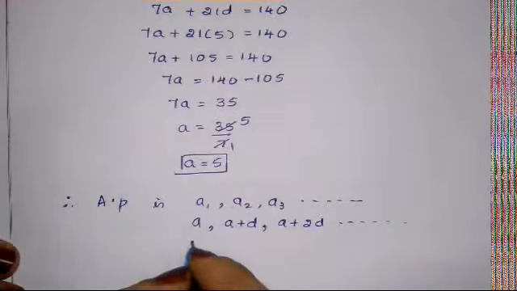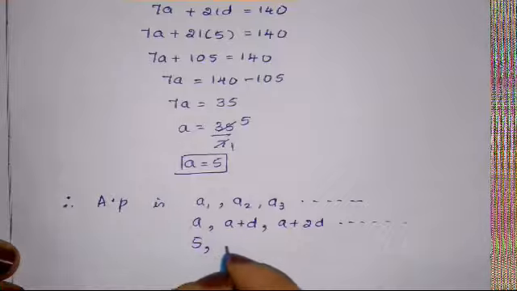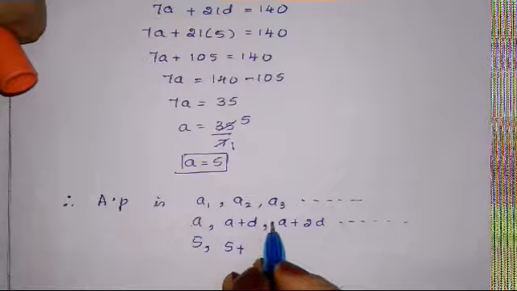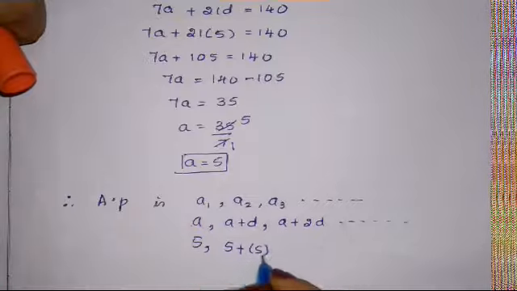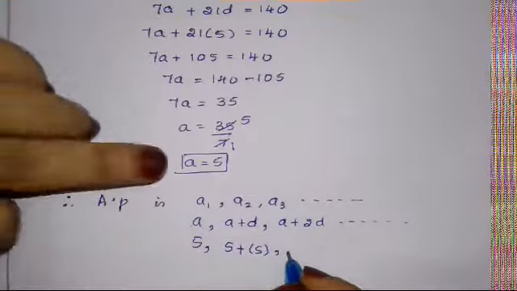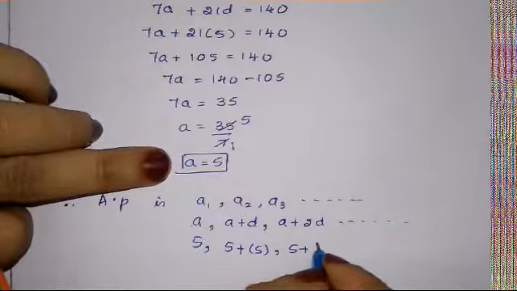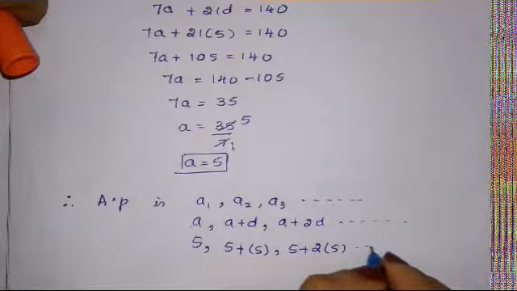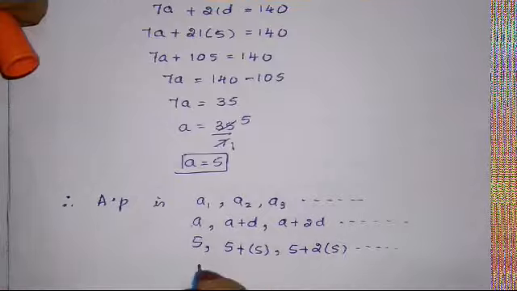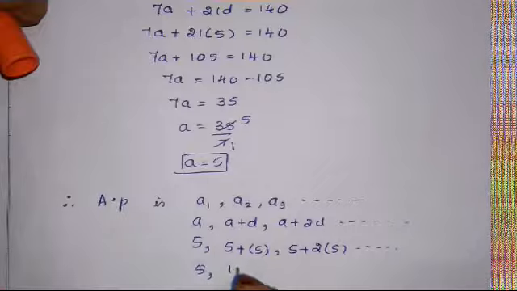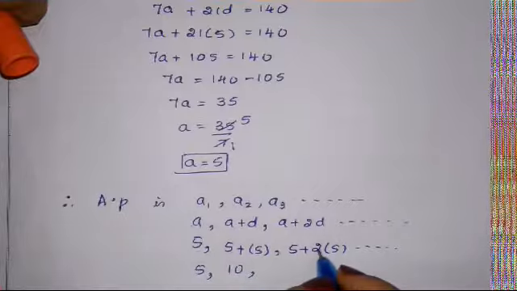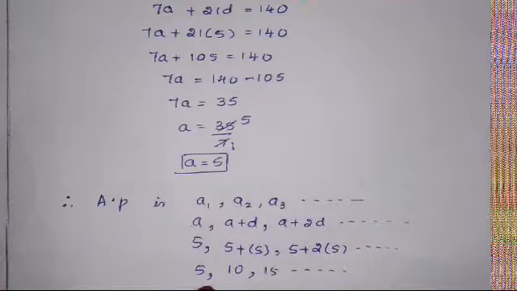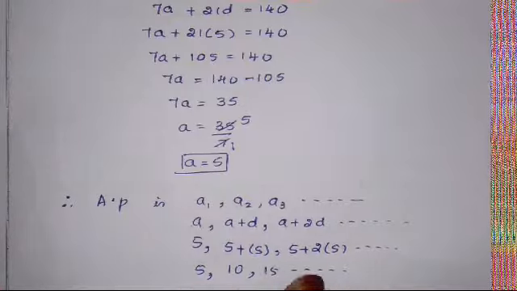In place of A, I'll write 5, comma, A plus D: 5 plus 5, comma, A plus 2D: 5 plus 2 into 5. 5 plus 5 is 10. 5 twos are 10, and 10 plus 5 is 15. So the required AP is 5, 10, 15, and so on.